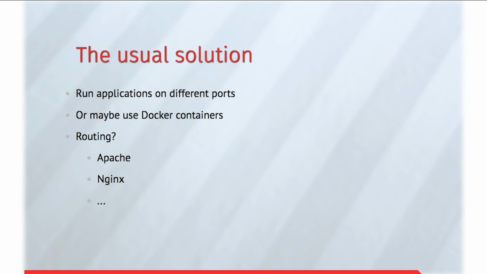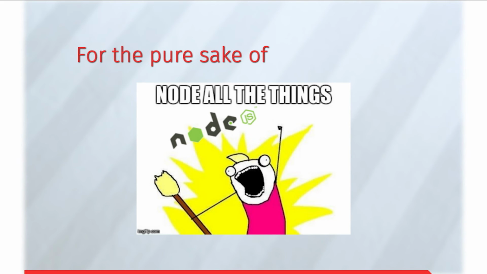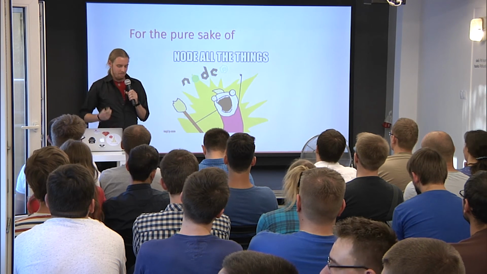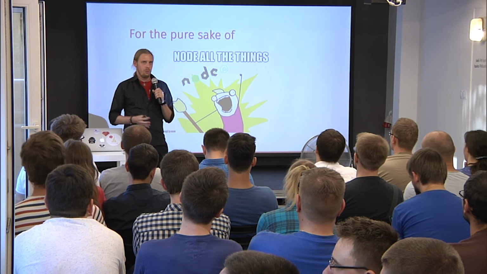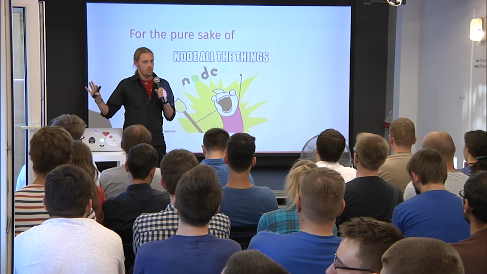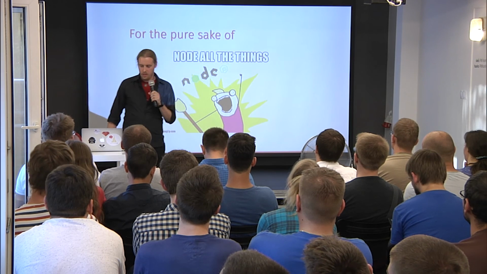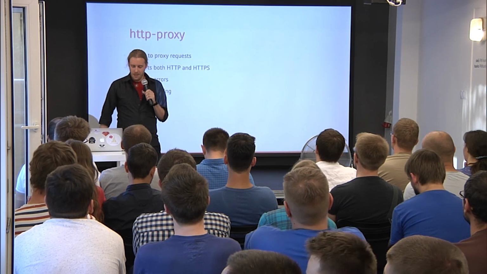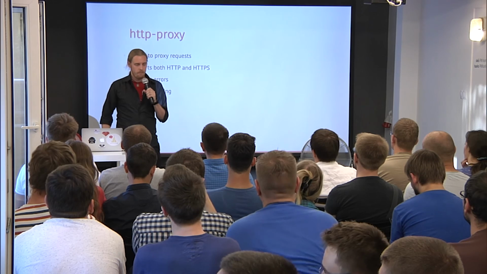But, okay, why? For the pure sake of doing everything in Node, I was interested if it's possible to do a pure production setup with Node. And guess what? There is. It's called http-proxy.